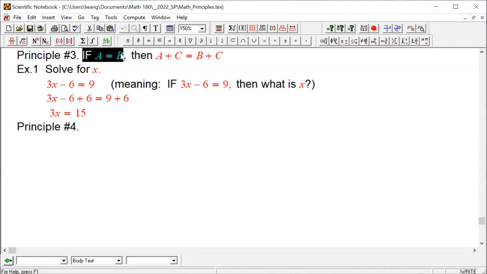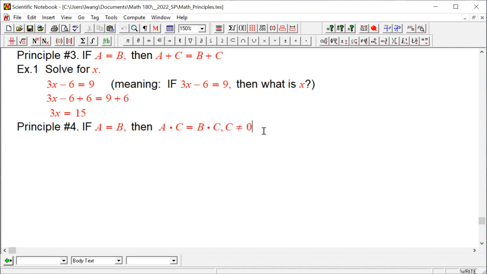Principle number 4 says if A is the same as B, then A times C is the same as B times C. But here we have a very, very important attachment requirement: provided that C cannot be 0.